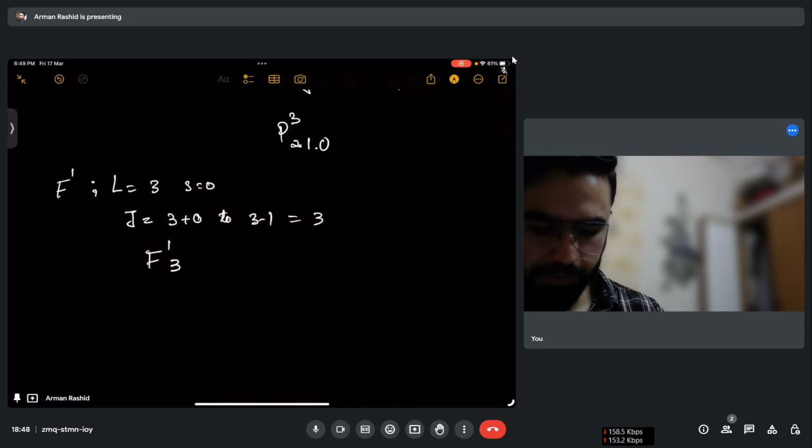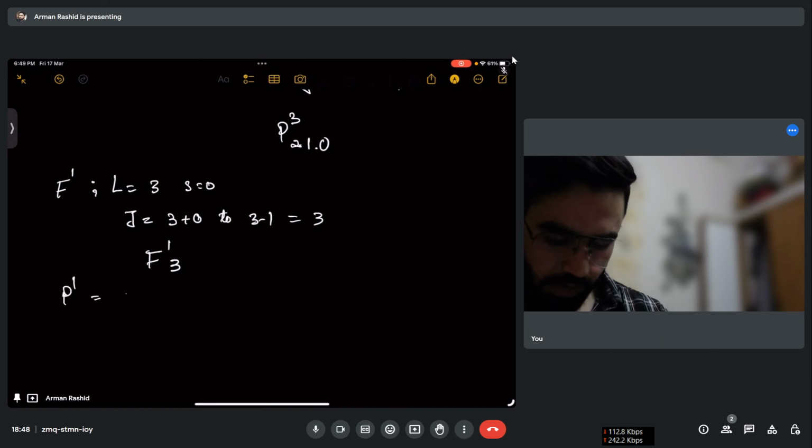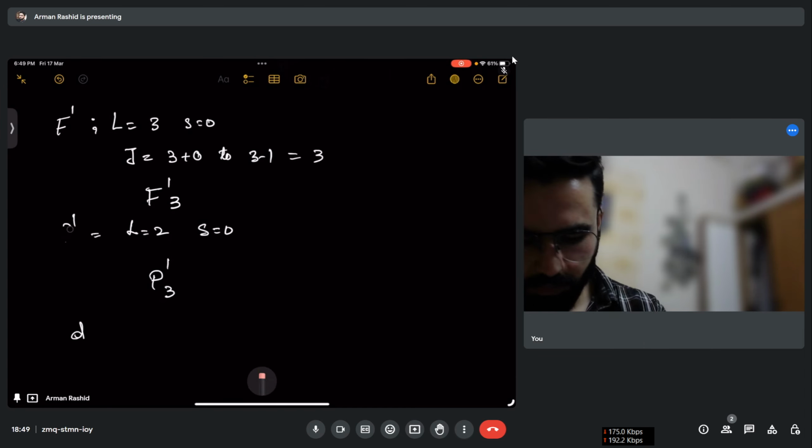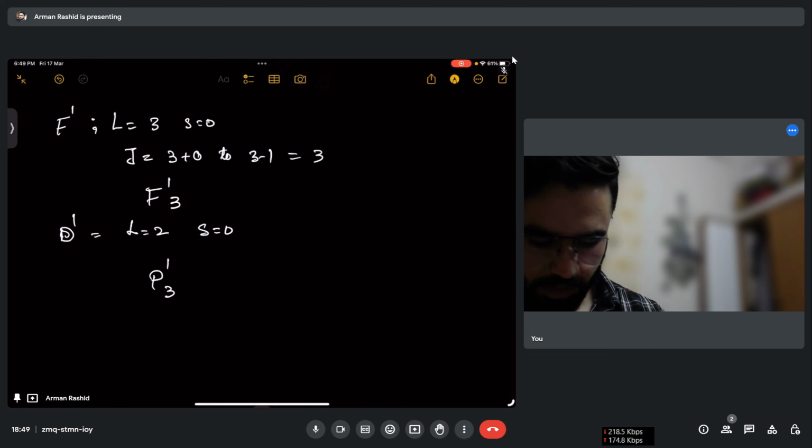Then we have P1, L is 2 and S is 0. That means here also only one state is possible. Sorry, this is the D state. Then we have the P state.